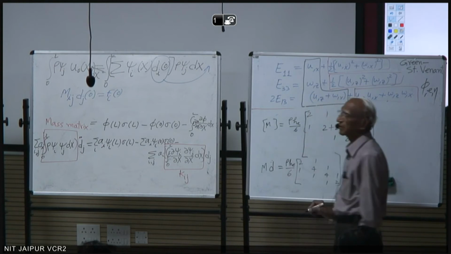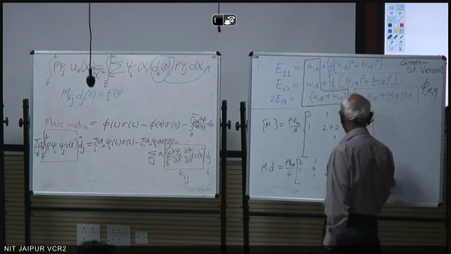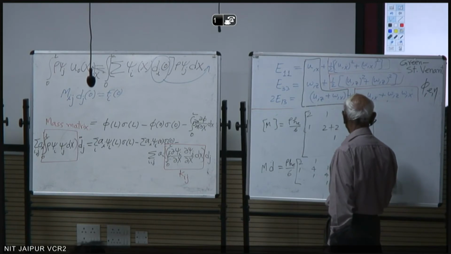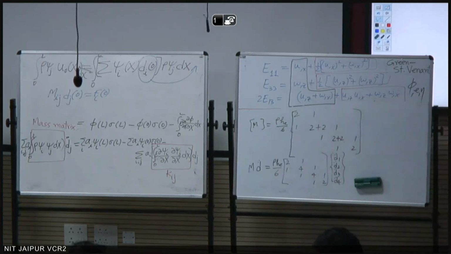The entries I did not write are zeros. And this one is going to be d1 double dot, d2 double dot, d3 double dot, and d4 double dot. So acceleration of node 1 and node 2 are coupled, then 1, 2, and 3 are coupled, 2, 3, and 4 are coupled, then 3 and 4 are coupled.